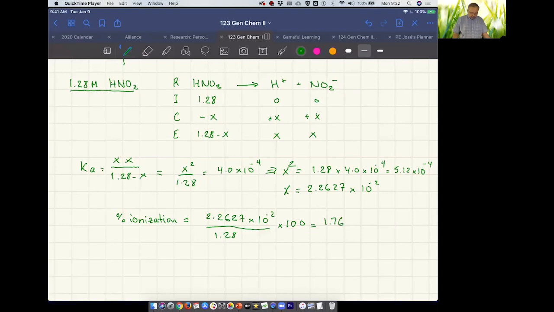Yeah, that makes sense. This is 10 to the minus 2 here, this is 10 squared, so those two cancel out. And then I have 2.26 divided by 1.28, so that's not twice as much as 1.28, because 1.28 times 2 would be 2.56, and this is 2.26, so it doesn't go 2 times, but less than 2 times: 1.76. And this is percent.